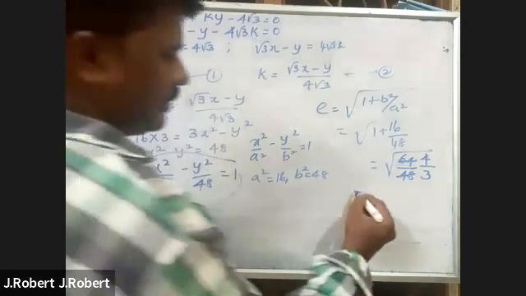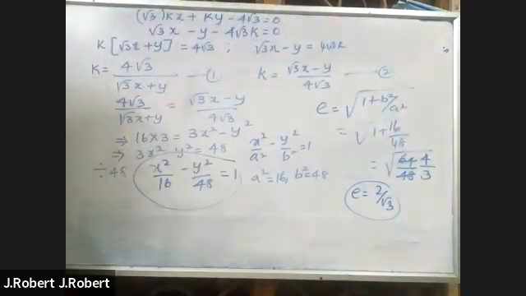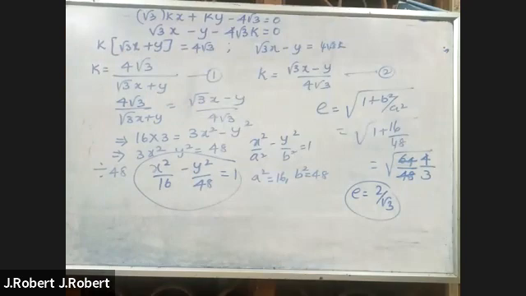We have e is equals to 2. That is the answer. Please take note. So the answer for the eccentricity of this given conic is 2. We'll move to the next problem.